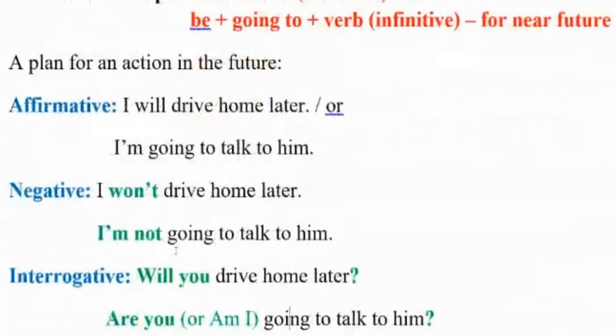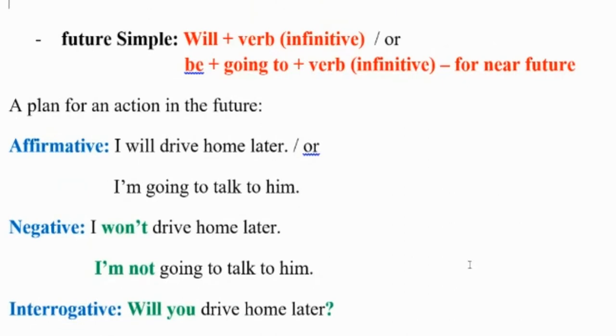And then we move to future simple. Who wants to read? As you explained, you said about the auxiliary will. Did you say something about the use of will? So it's something that we refer to the future, like tomorrow or next week, next year, next month.